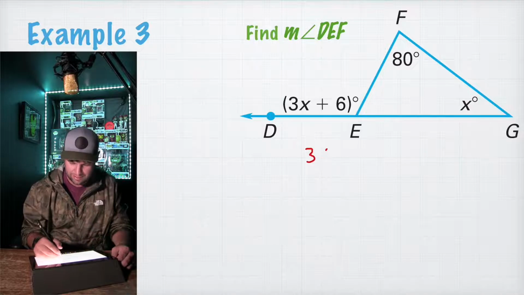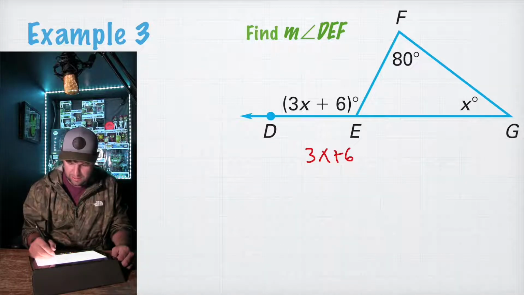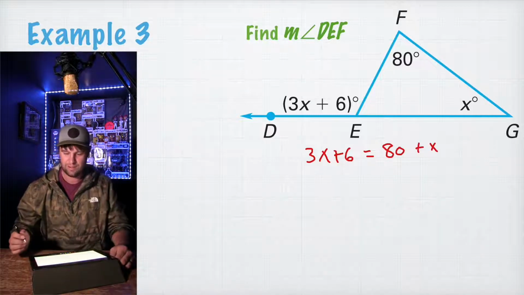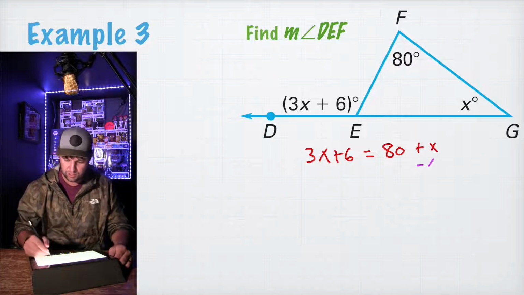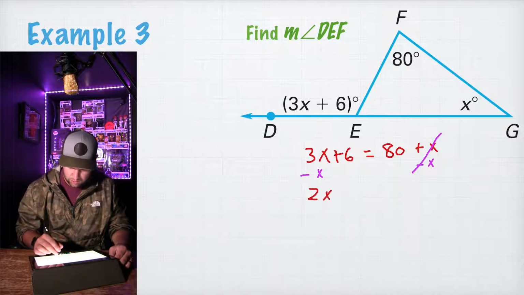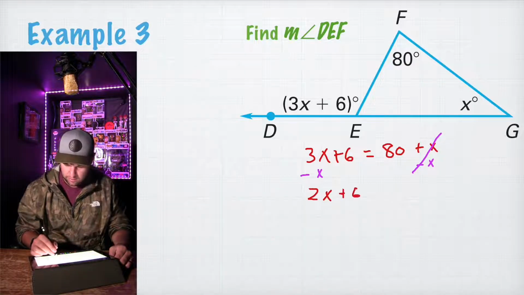So let's go ahead and write this down. 3x plus 6 equals 80 plus x. Okay, let's just start solving this. We subtract x from each side of the equation. These x's cancel out. We're left with 2x plus 6 equals 80.